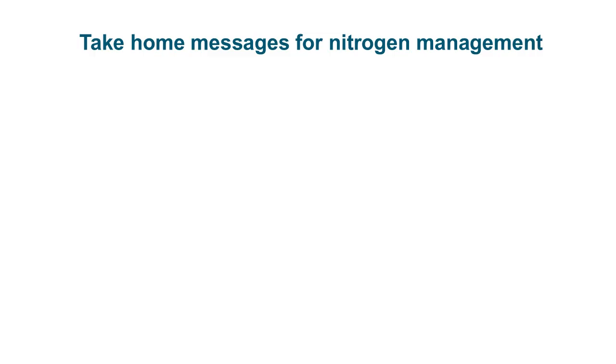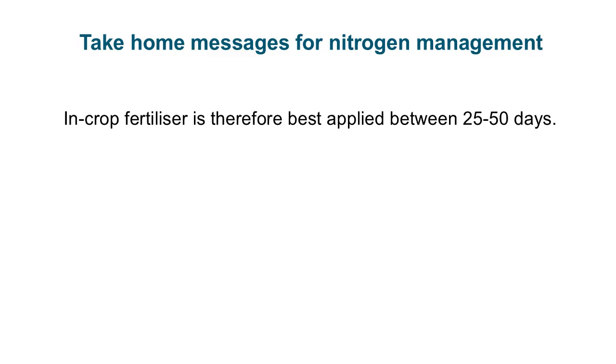So if your strategy for improving nitrogen use efficiency is centred around the in-crop use of fertiliser, that fertiliser is best applied between 25 and 50 days after sowing. And what this will do is ensure that the mineralisation of that fertiliser occurs in time for that key crop uptake period between 30 and 90 days after sowing.